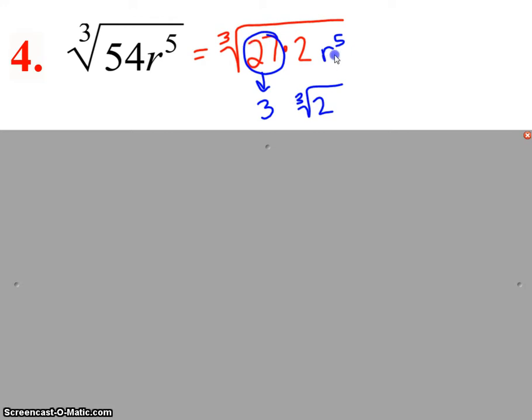Now look at the exponent for the r to the 5th power. 3 does not go into 5 evenly. So when you divide it, however many times it goes into 5, that goes outside. 3 goes into 5 one time, so you have 1r outside. The remainder, r squared, goes inside. And this is your answer, 3r cube root of 2r squared.